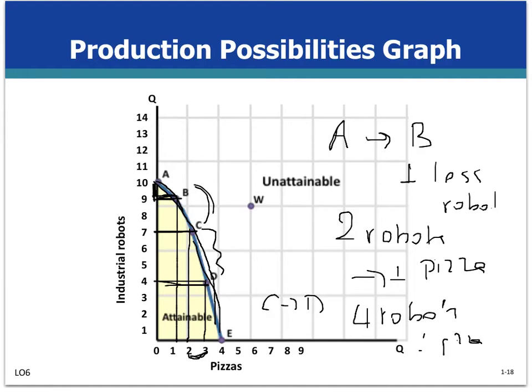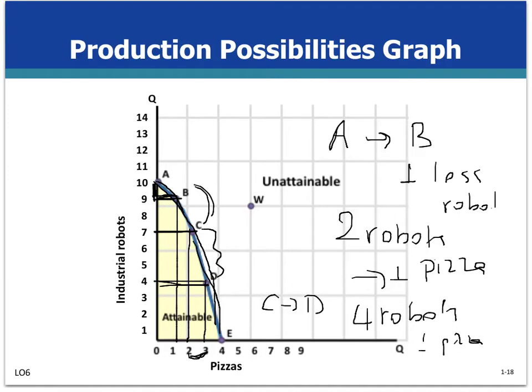But since you expand the pizza production, now you need to use the land that is actually devoted to robot production. Okay, so that land that is suitable for robot production is now less suited to pizza production.